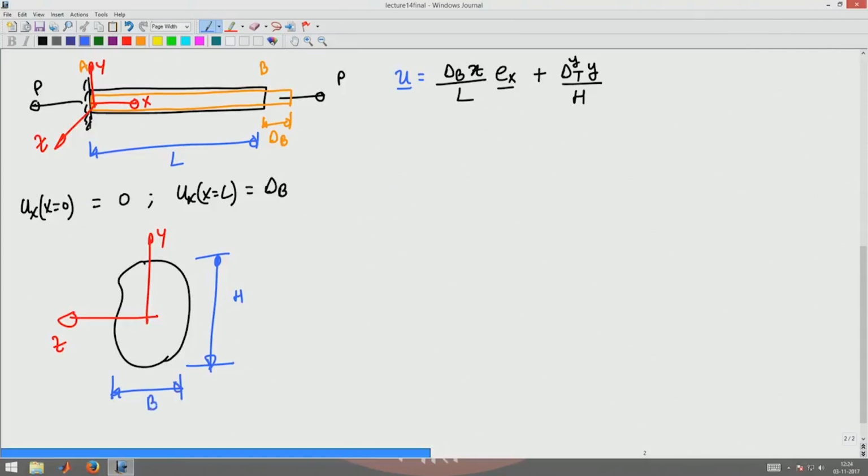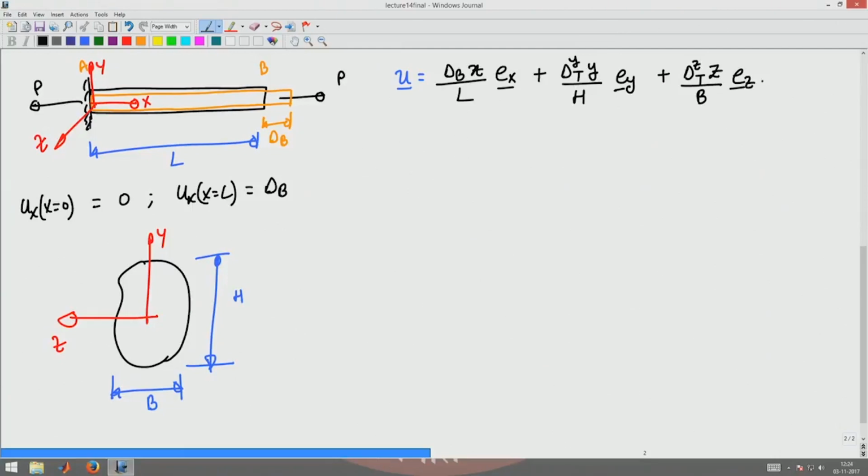Then I can write the displacement field as delta transverse y by h into e_y plus delta transverse z by b into e_z.